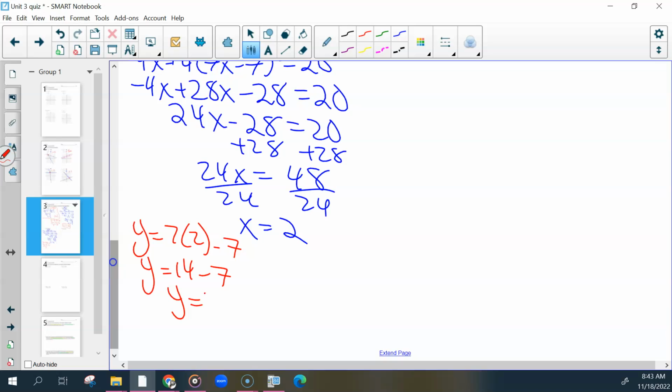So y equals 7. So that ordered pair was (2, 7). Again, that one was worth 4 points. Questions on that one?